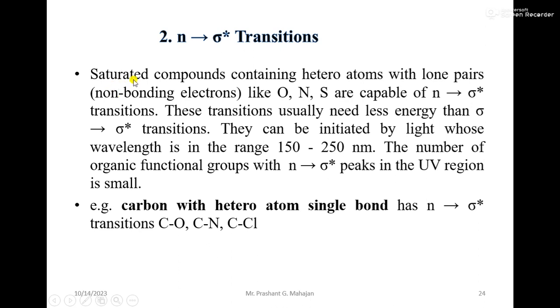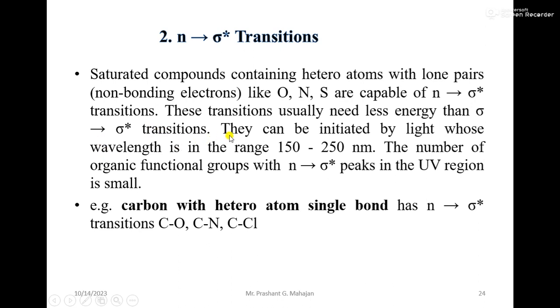So you can see saturated compounds containing heteroatoms with lone pairs, that is non-bonding electrons like oxygen, nitrogen, sulfur, are capable of n to sigma star transition. This transition usually needs less energy than sigma to sigma star transition.